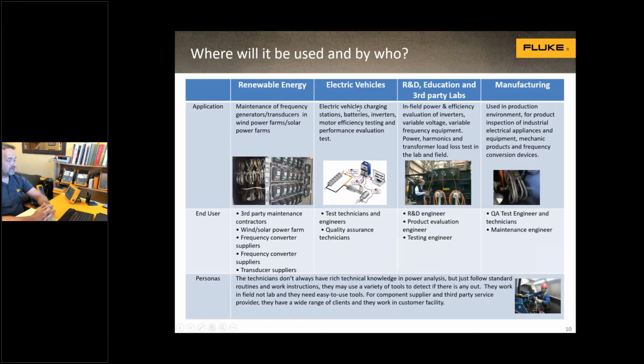So once you've got a grasp of the product, of course, where would you use this? I know what the product's about, but where do you actually use these products?